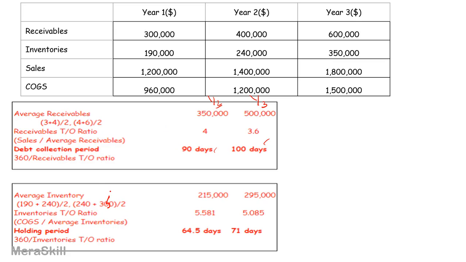I hope I've not made an error in the calculation. 240 plus 350, that's equal to 590 divided by 2, 295. So I made a mistake here in the sense we've taken inventories as 190, 240, that was 350. I've taken it as 300 here.